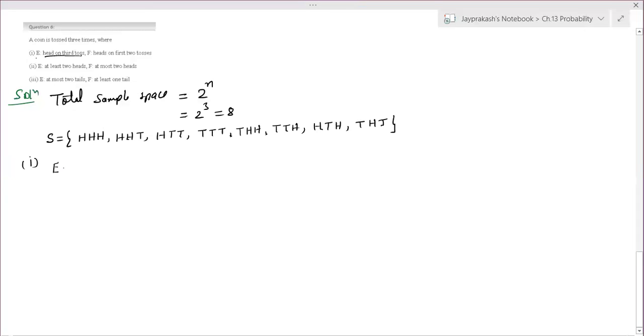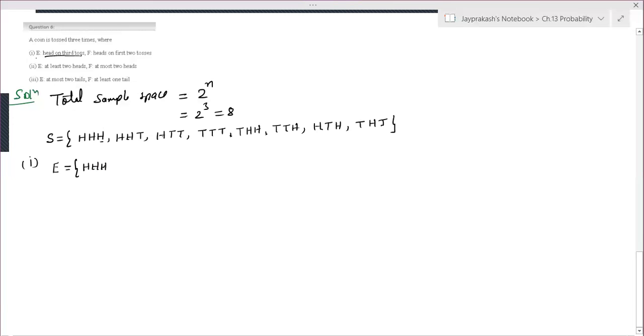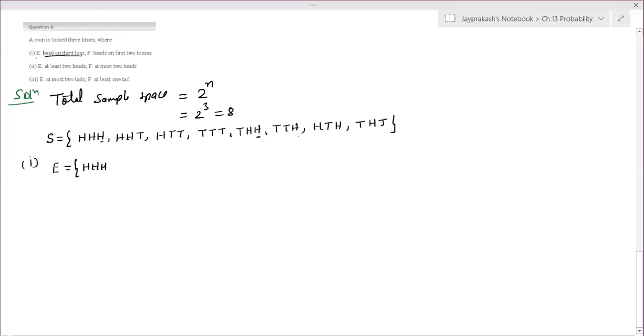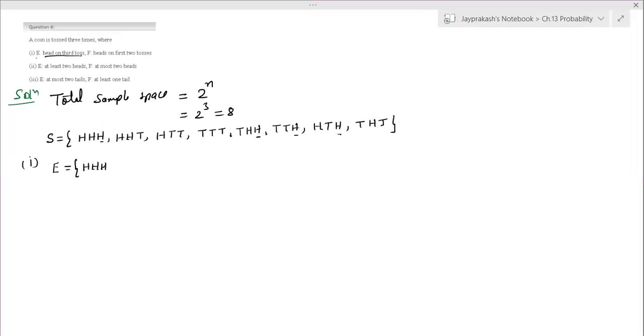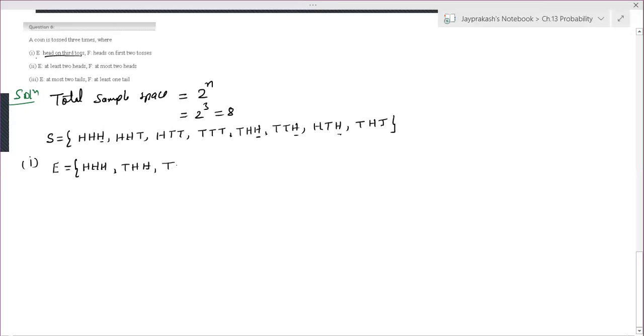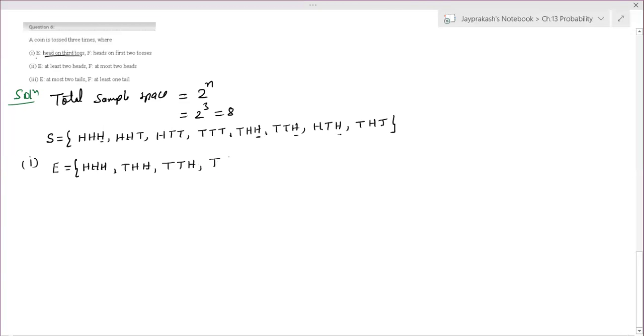So the third should be H. Third H means HHH, and H should be in the third position. So this is 1, this is 2, THH is 3, and this is 4. So E contains 4 sample points, 4 out of 8 sample space: THH, TTH, 1, 2, 3, and the last one.